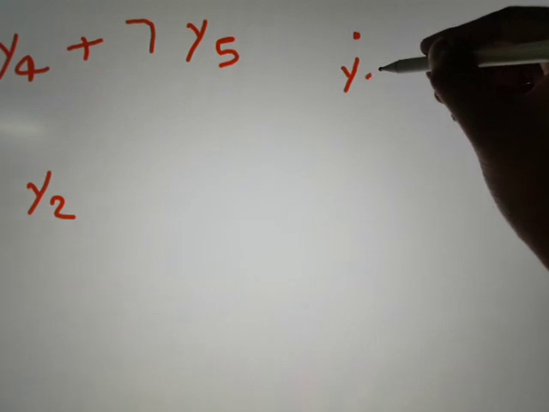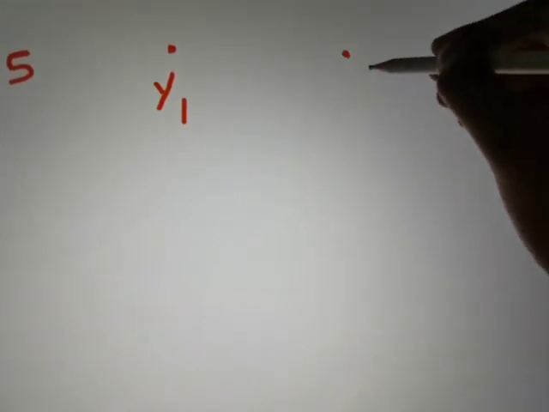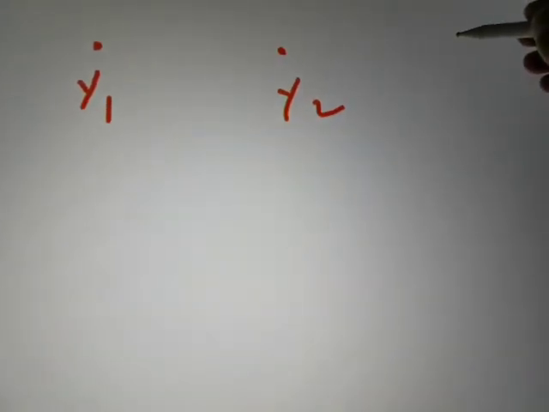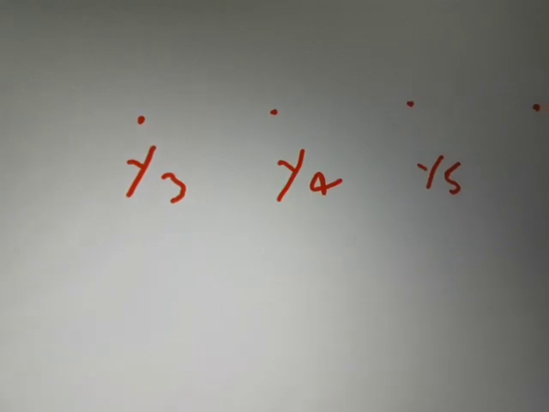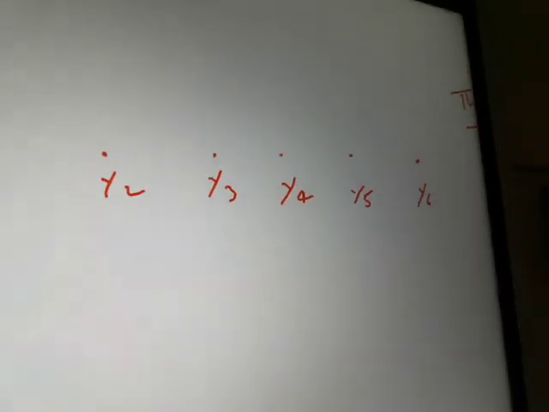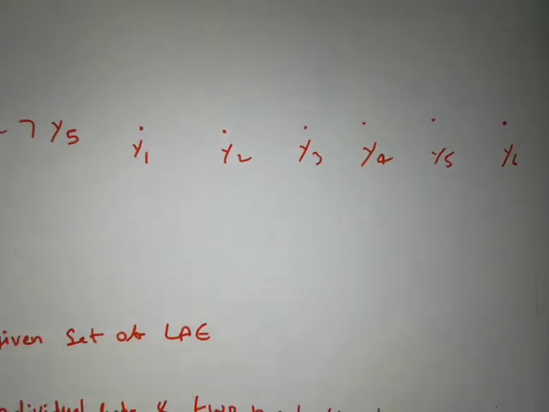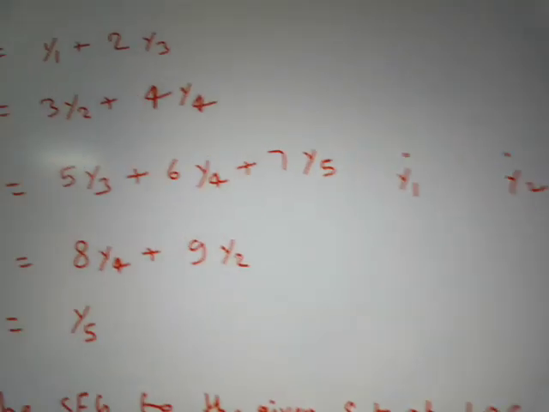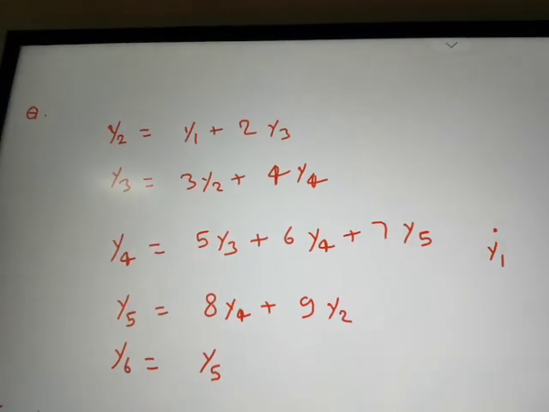So y1, y2, y3, y4, y5 and y6. All these nodes I represent. Now see the first equation: y2 equals y1 plus 2y3.